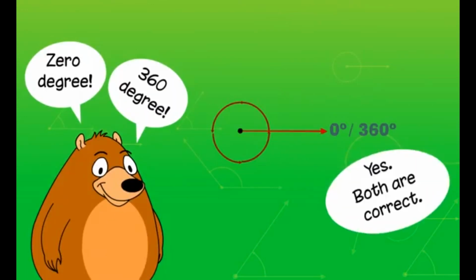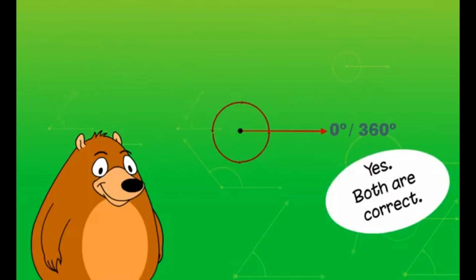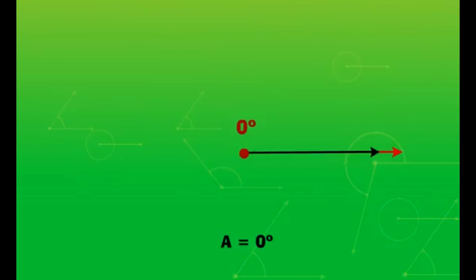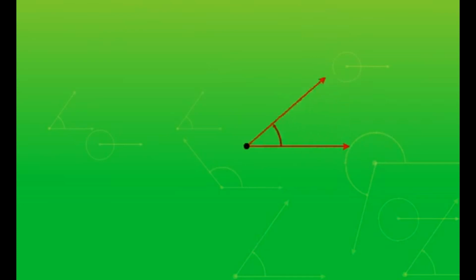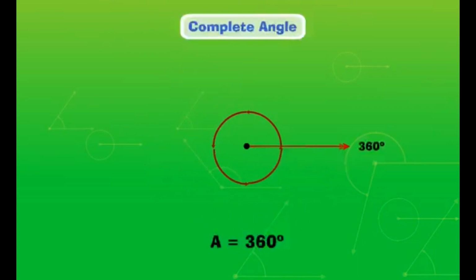Yes, both are correct. An angle that measures 0 degree is called a zero angle. When the arm takes a complete turn, then an angle of measure 360 degree is formed. This type of angle is called a complete angle.